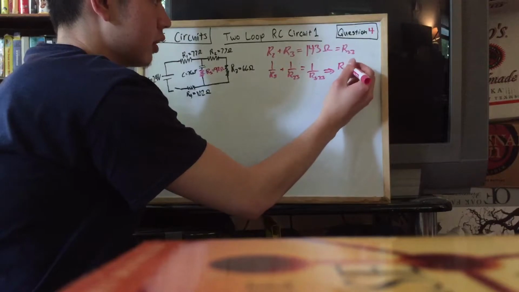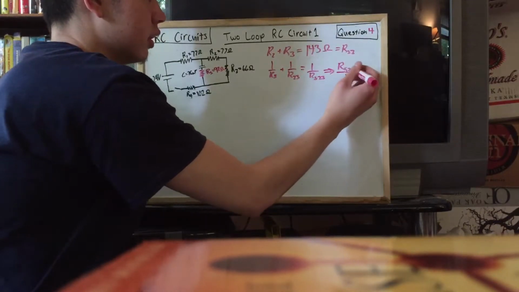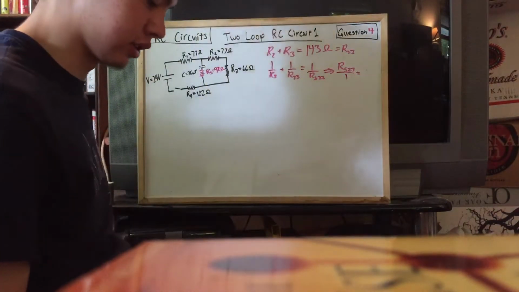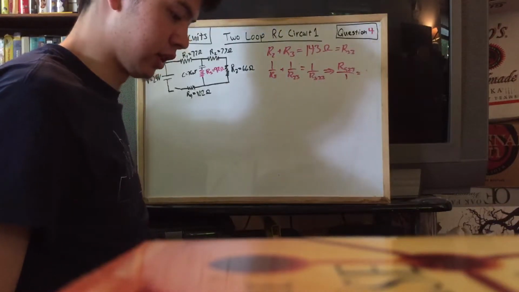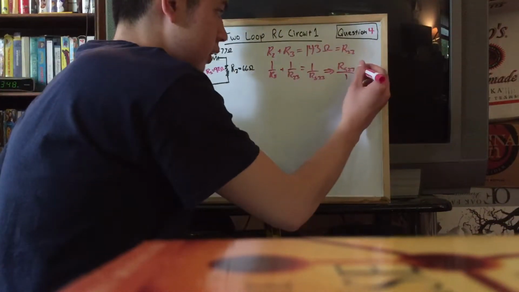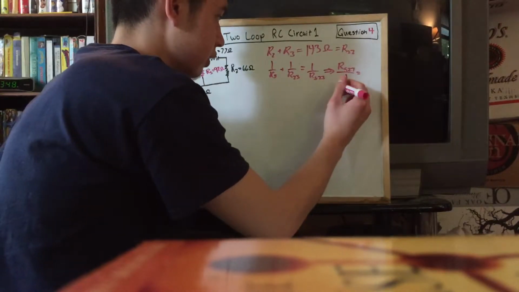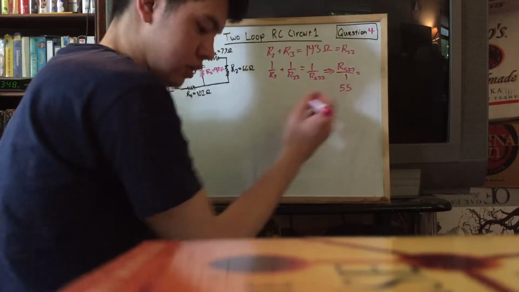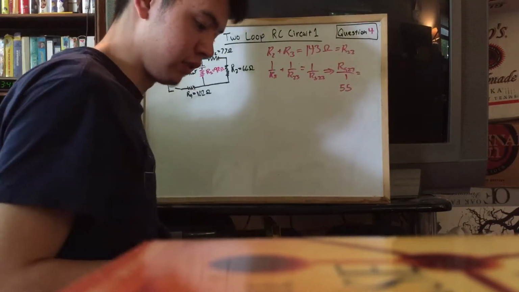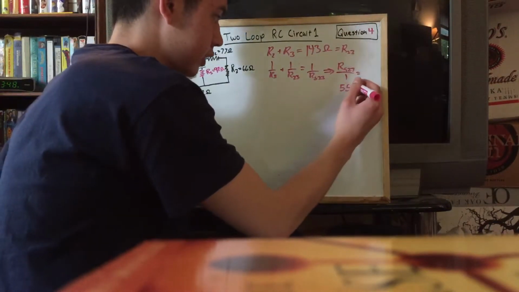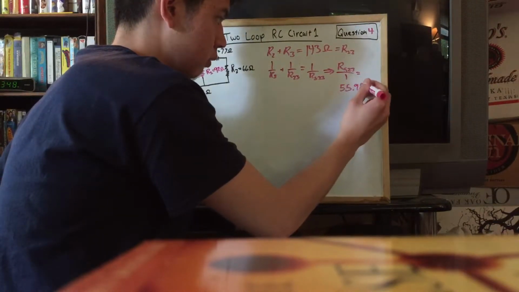R5,2,3 will eventually equal, once you add the inverses, 55.98 ohms.